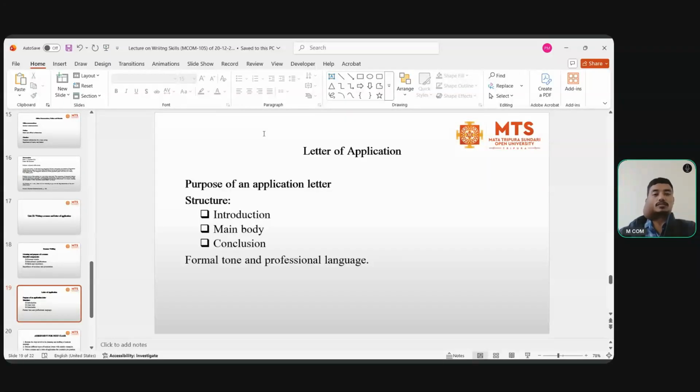So in today's lecture, we have covered all types of writing skills, how to write, what the language should be, what the tone should be. These are the main points we have discussed today.